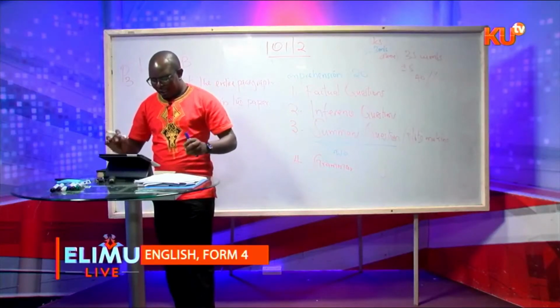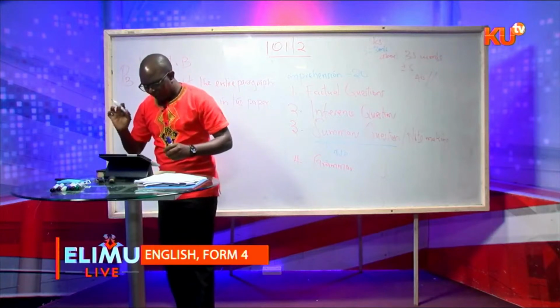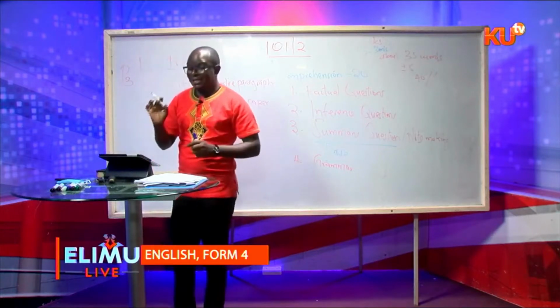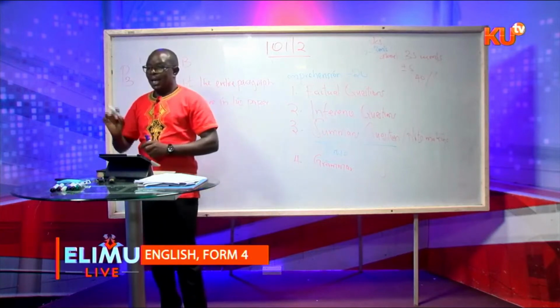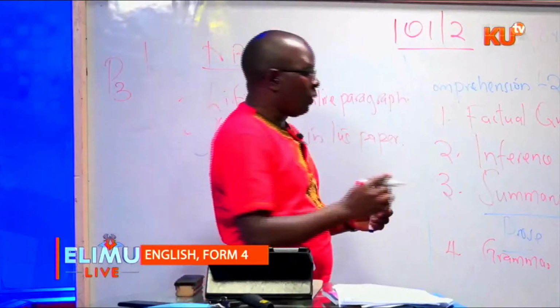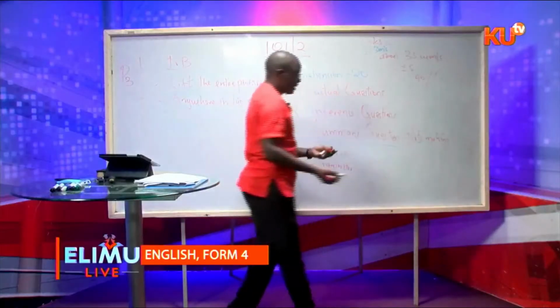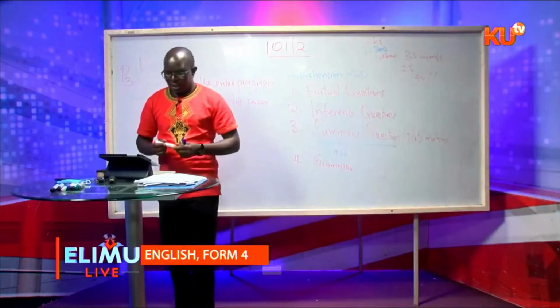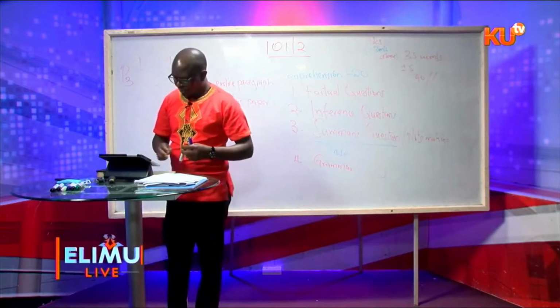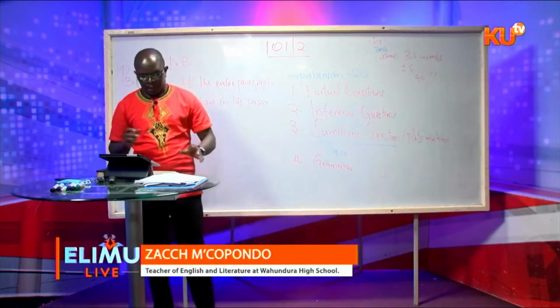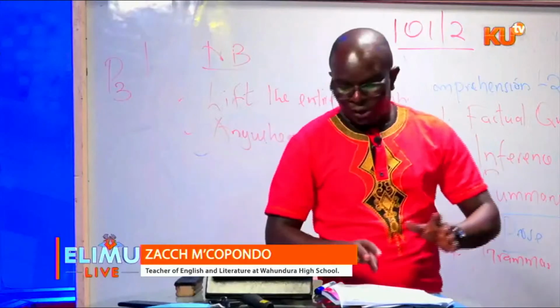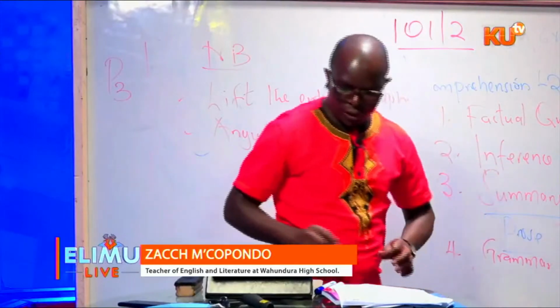Again, candidates are not penalized for grammatical errors in question 1 except in summary and grammar. So the other parts, maybe the factual questions, the grammar may not apply, but it's always prudent that you use the correct grammar. So having looked at comprehension questions, I want now to introduce us to the excerpt questions.